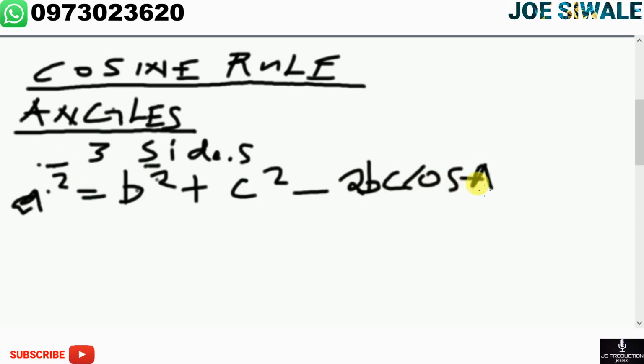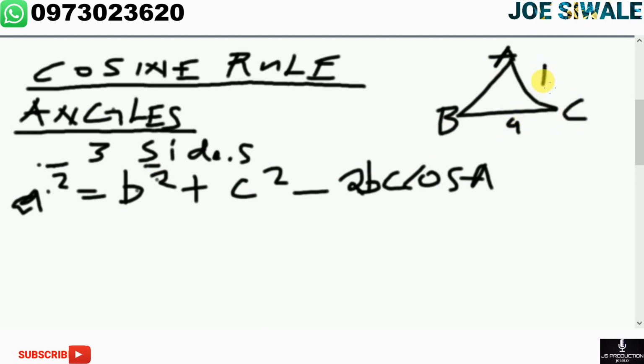And we said that if we have been given a non-right angle triangle in this way, and if this is A, this is B, and this is C, this means that this is small letter a, this is small letter b, and this is small letter c. So when we are using the cosine rule, we use this formula.